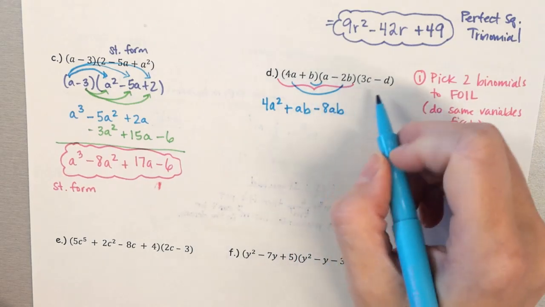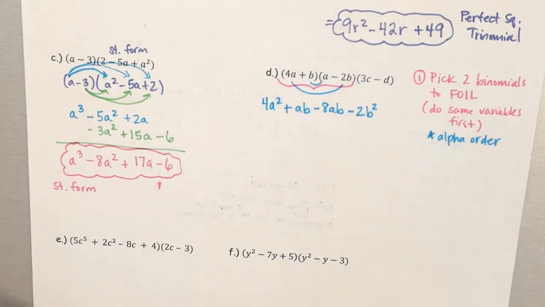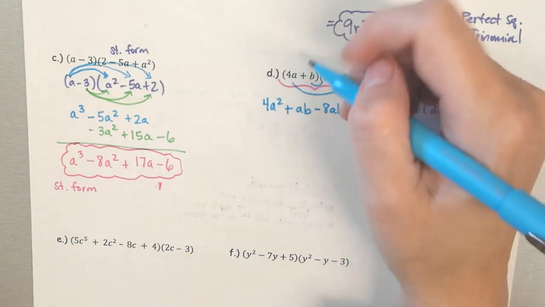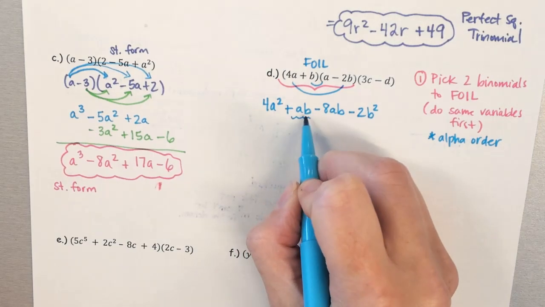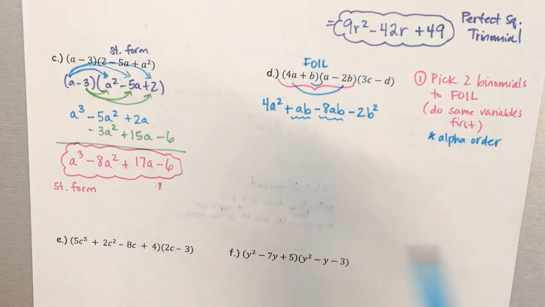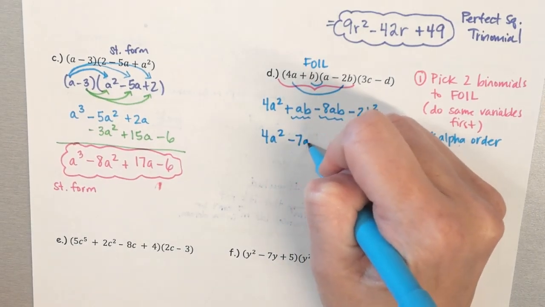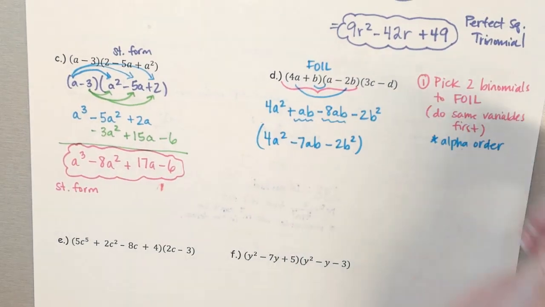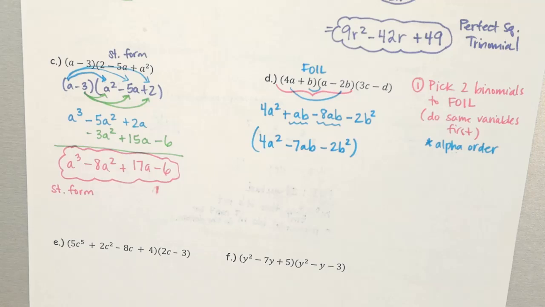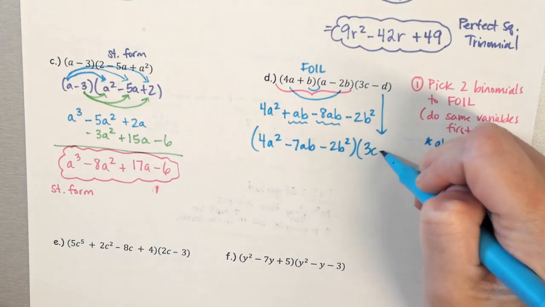B times negative 2B is negative 2B squared. Okay, so we FOILed those together, okay? Now we're going to combine the like terms. So I have a positive AB and a negative 8AB. So that's going to be negative 7AB. I'm going to keep this inside the parentheses. And then this guy is going to come and join the party.